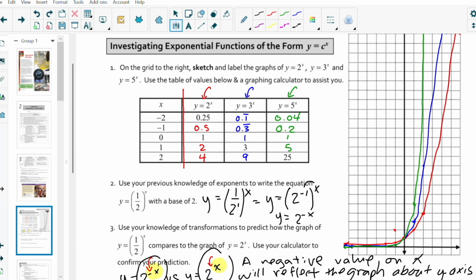And let's see, counting up to 16 on the grid. So right there. Okay, so roughly this is what it's going to look like.